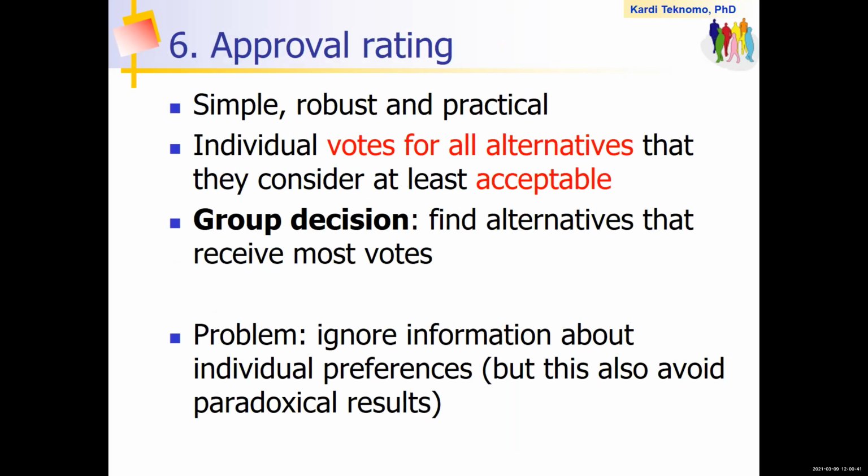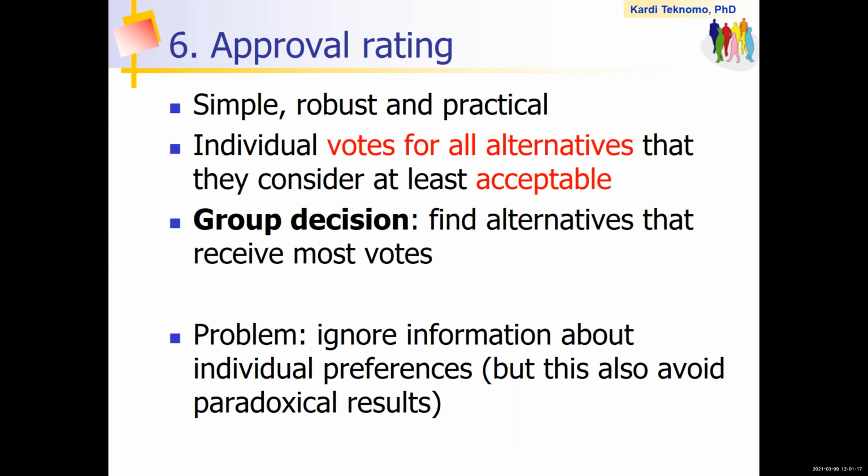So for a practical way, if you want to make a group decision, a simple way is basically based on voting. Voting on all alternatives, and then you select which among your alternatives is at least acceptable. Then you find the alternative that received the most votes.